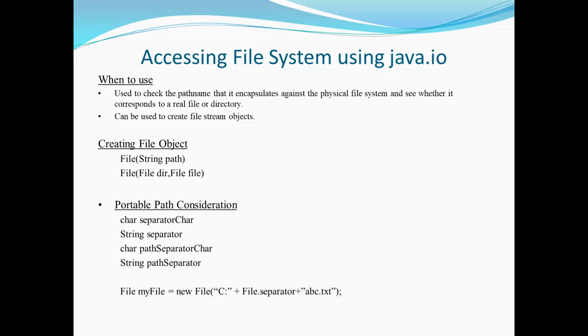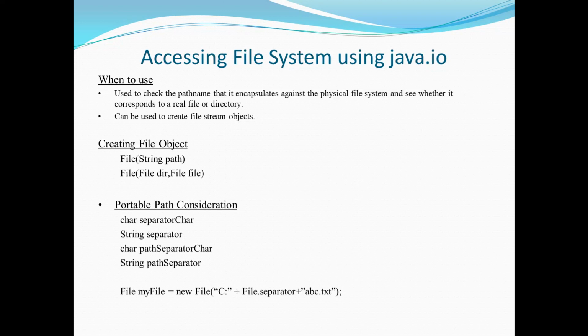Is the file read only or write only, write protected? We can create directories and files, but we will not write any data onto the file or read any data from the file. The whole thing I'm going to discuss is only the file's properties.